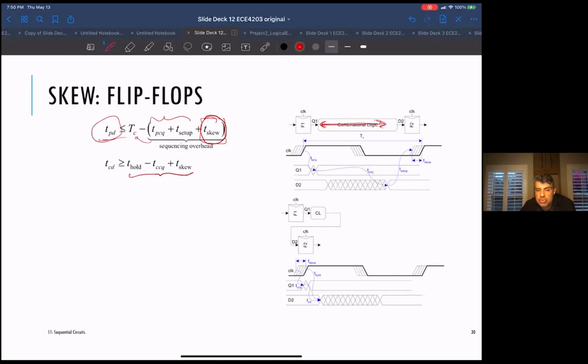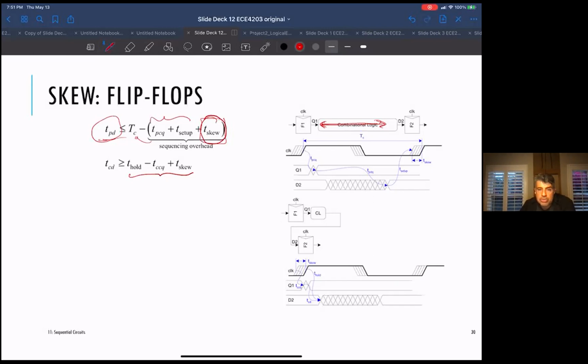Now you go through every one of those paths, and you have to have an answer for each one. Either you change your combinational logic, or you change your clock network to reduce the skew in that particular path, and hope that you don't add skew to another path. So that's how that works. That's where the skew comes in.